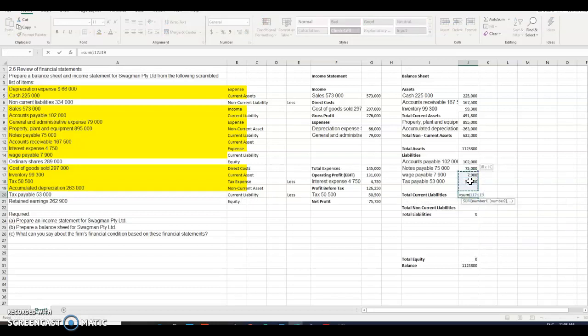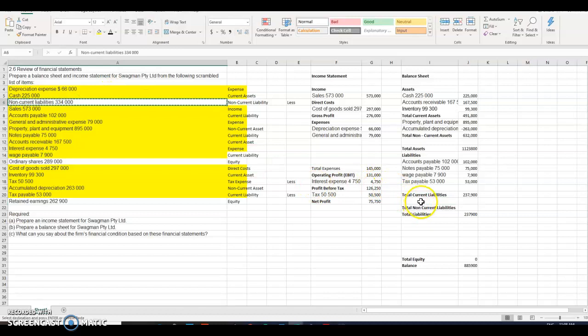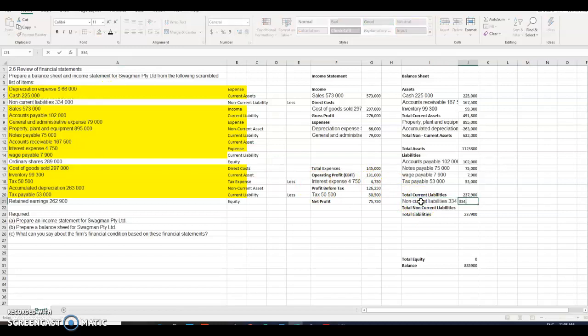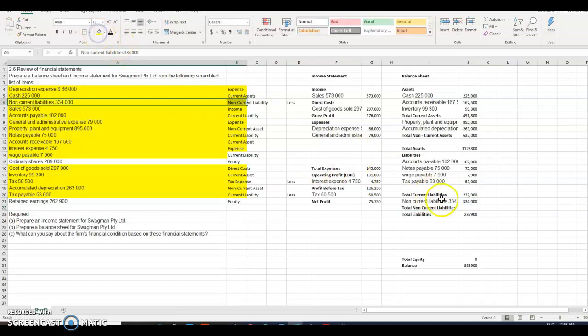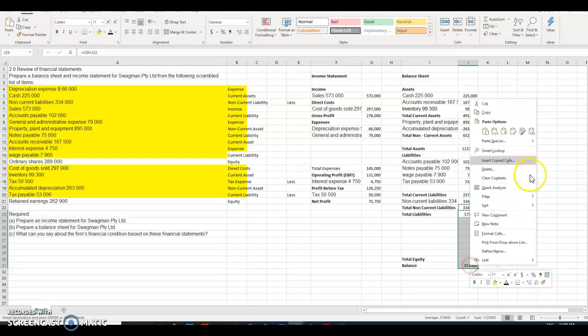And now we're just going to do our total value of total current liabilities, which is all of those combined. Then the next one, they've just put it all into one heading, is the non-current liabilities. So the value for non-current liabilities is $334,000. So that gives us a total liabilities value of $571,900.